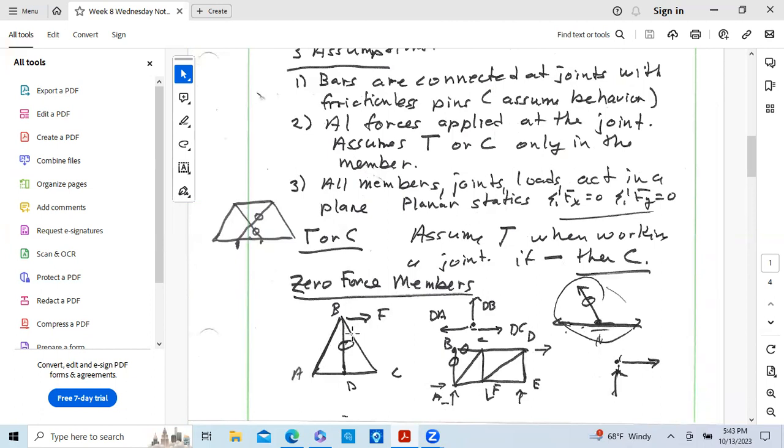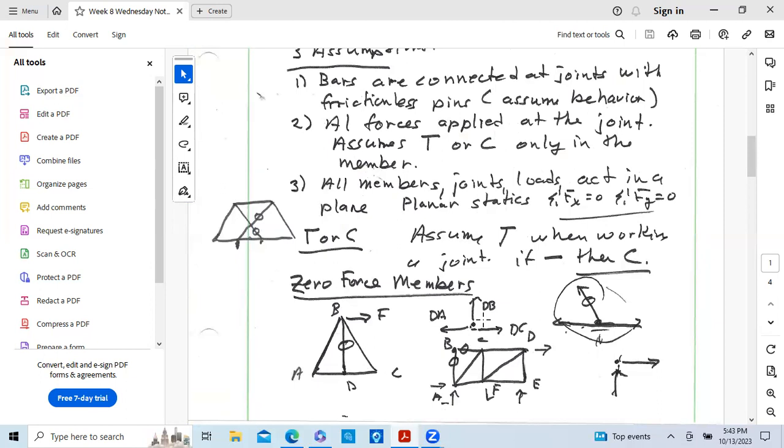Look at this simple truss here. Remember BD, there's a force up here. Look at this joint here. I'll have an X component F, so there'll be force E. There'll be a force DC, and here's DB.